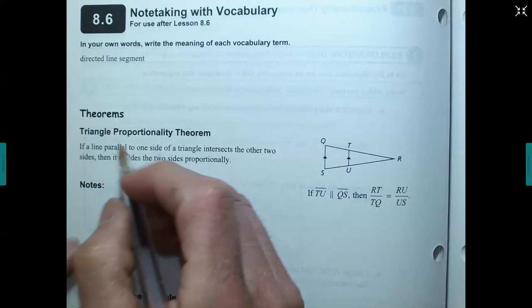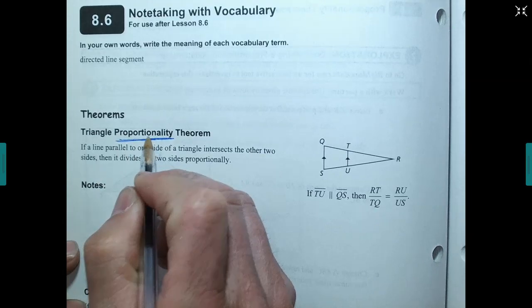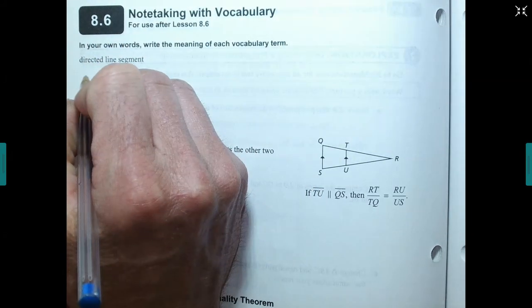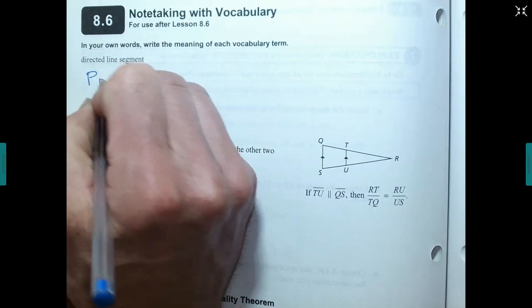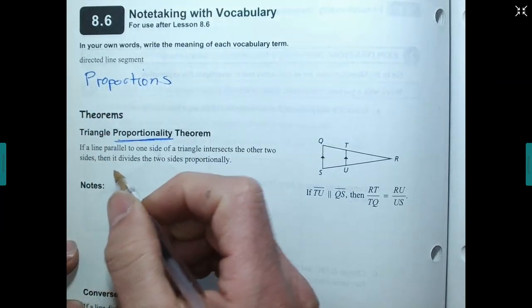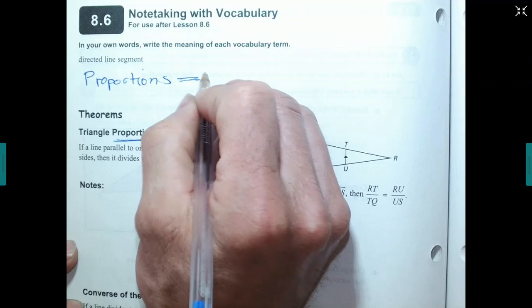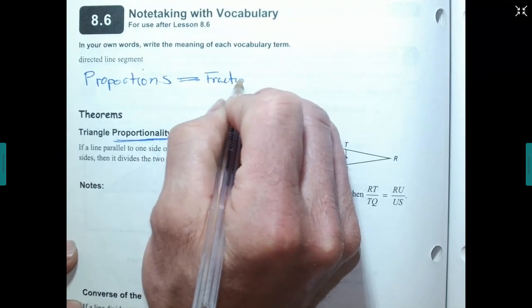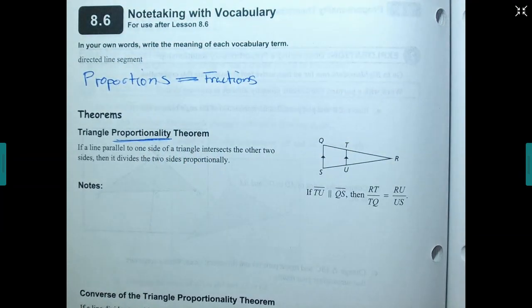So, triangle proportionality theorem. Proportions. What are proportions? Proportions are fractions. Ratios. That's what they are.